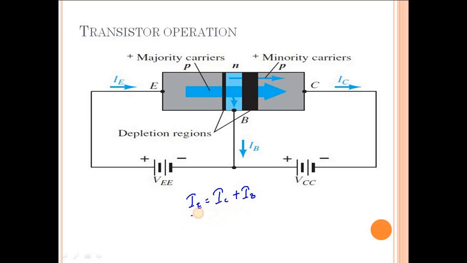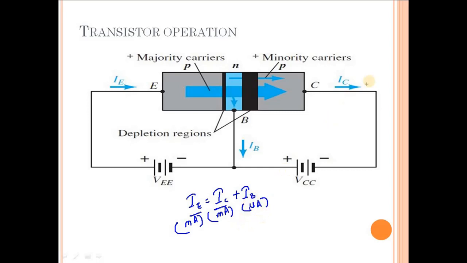Of these, IE and IC are in the milliampere range, whereas IB is in the microampere range. I have already spoken about why IB is so small a current.